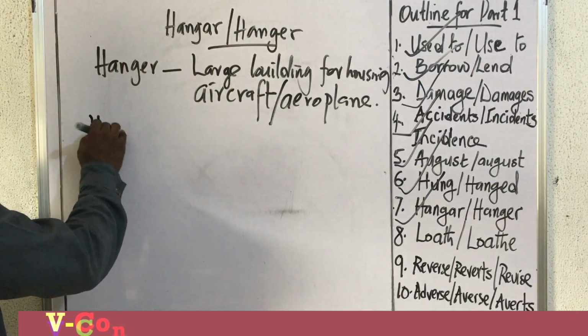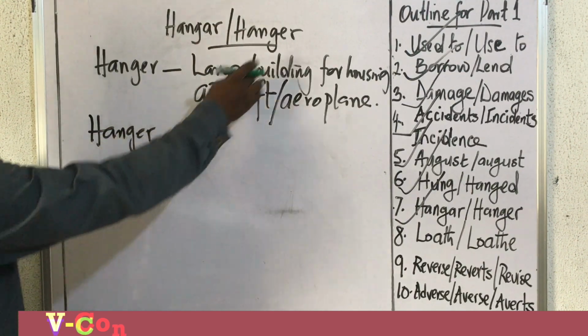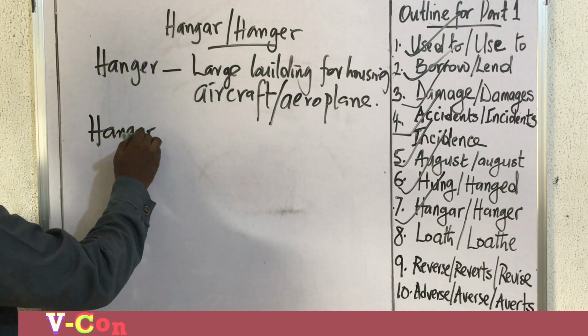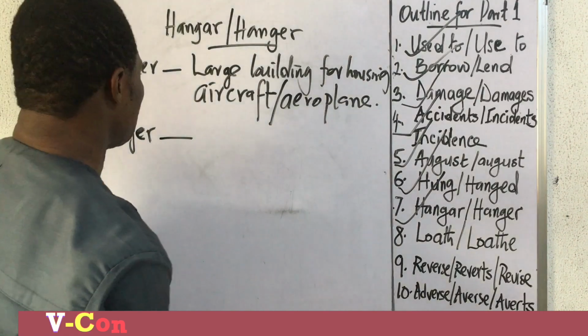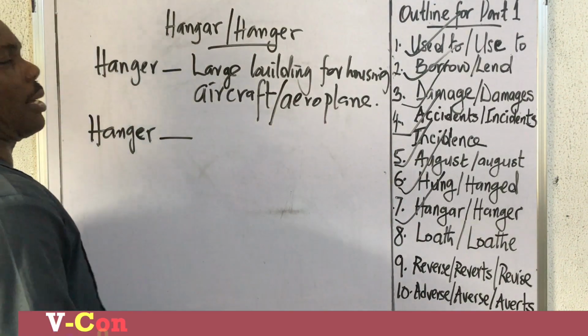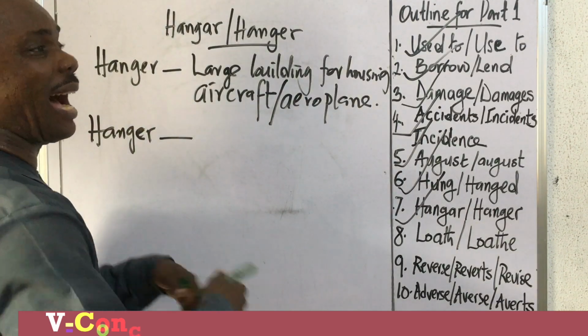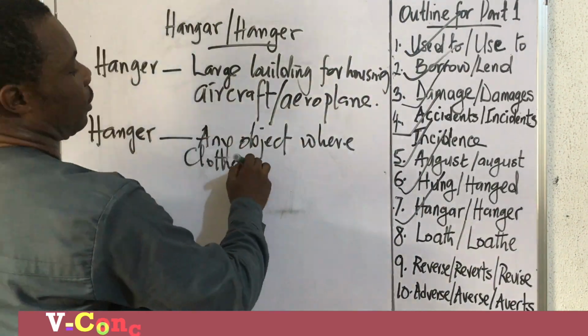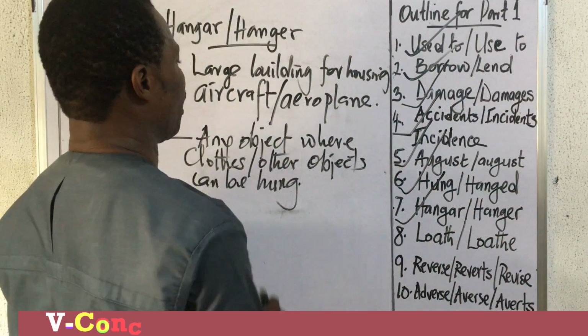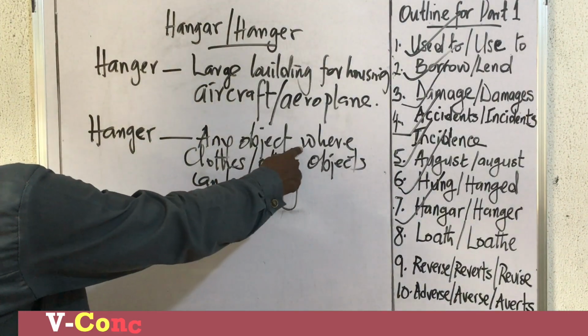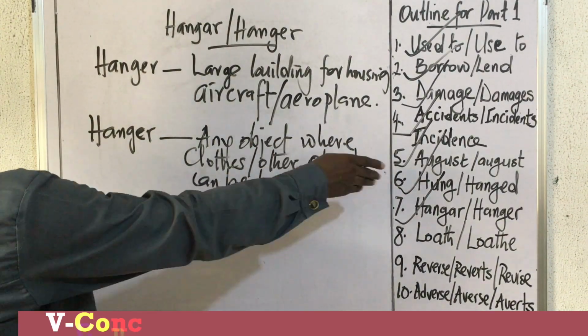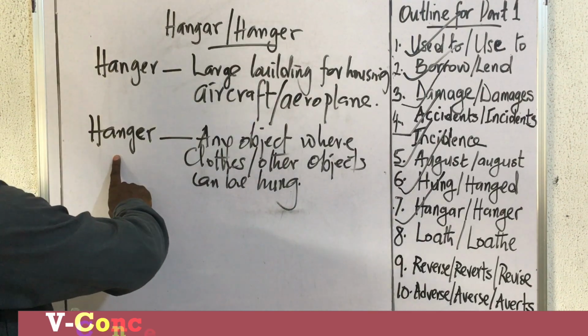While hanger, the one spelled with E, means any object on which you can hang clothes or other items, that can be hung, not hanged. So any object where clothes or other objects can be hung is a hanger.